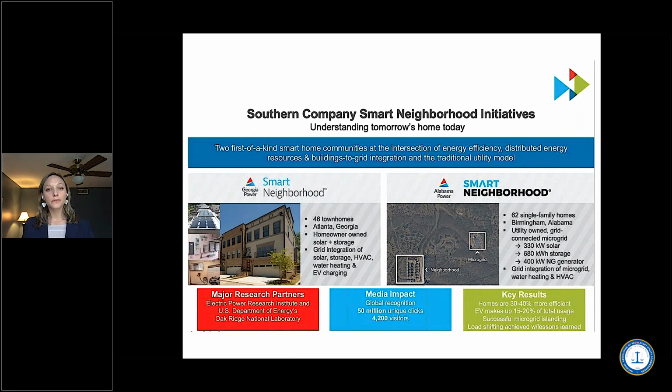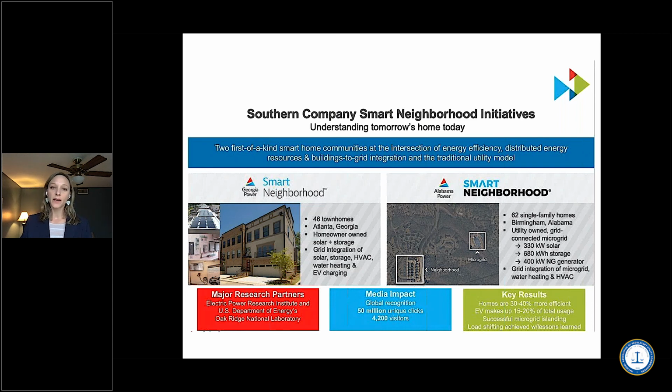As an example of grid interactive efficient buildings in the Southeast, I borrowed this slide from Southern Company, who, in partnership with Oak Ridge, the Electric Power Research Institute (EPRI), and DOE, have two residential grid interactive efficient building pilots. One's in Georgia, and it has grid integrated solar, storage, HVAC, water heating, and EV charging.